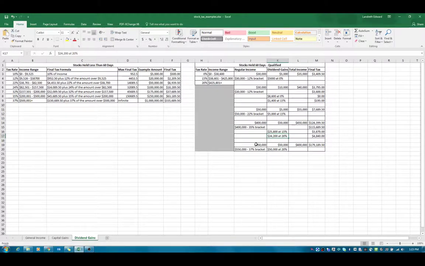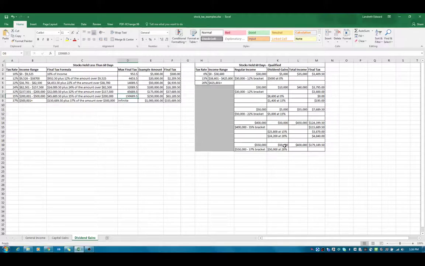And same thing here, you start out at 550,000 from your normal income. You have $50,000 in dividends that are qualified. So you have 37% bracket work through, which means you max out each of these. You start off with 150,000 again, and then apply the rest of your 50,000 from normal income at 37%.